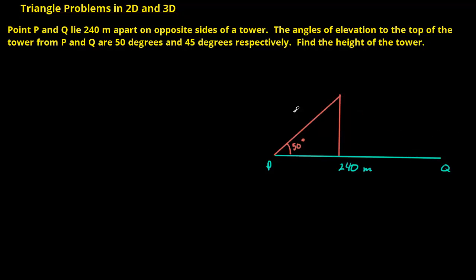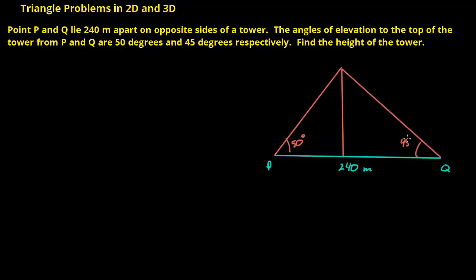If it were to scale, we'd draw more like this. It would have to be a little bit higher. Okay, so that's probably a little bit better. There we go. So this is 50 degrees, and this angle is 45 degrees.